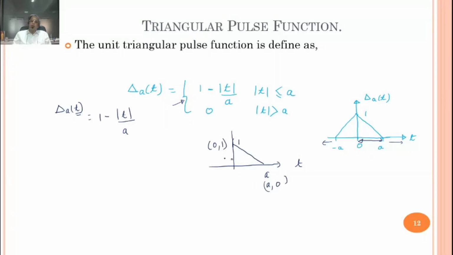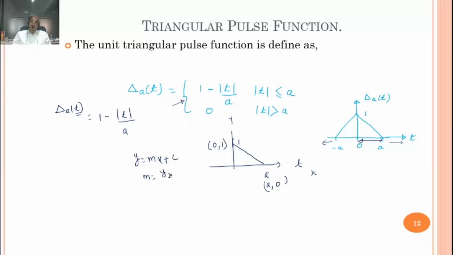We know that if this is the x-axis and this is the y-axis, the equation of the line is y equals mx plus c. What is m? m is the slope of this line. What is c? c is the intercept of this line on the y-axis.